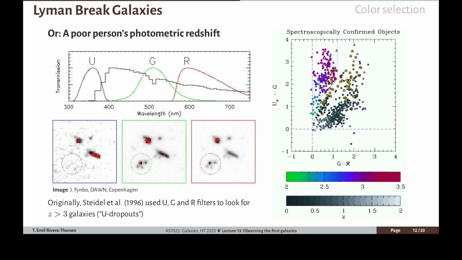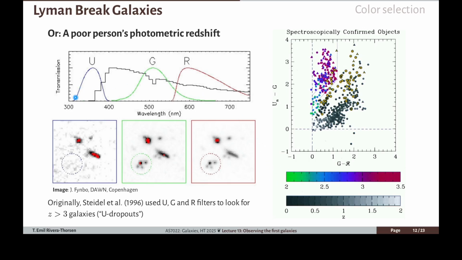This is what we also call the dropout function or dropout selection, and you can see a very cool illustration of how that works here. This is even a quite old example, actually. I think this is from a paper back in 2003, but it is a method that we're still using. And it is, by the way, a paper by my old master thesis supervisor in Copenhagen, Johan Finbo.